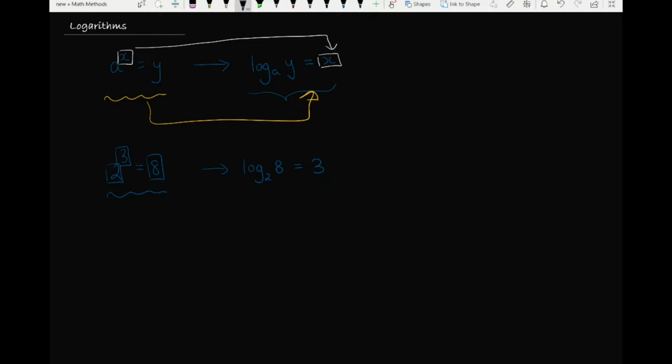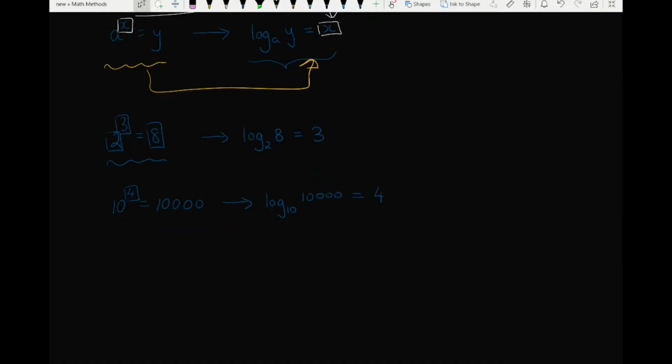Let's look at another example. So if we had 10 raised to 4 equals 10,000, as a log we can write that as log base 10 of 10,000 equals, our power here is 4, equals 4.